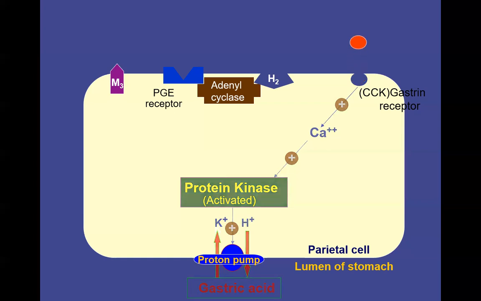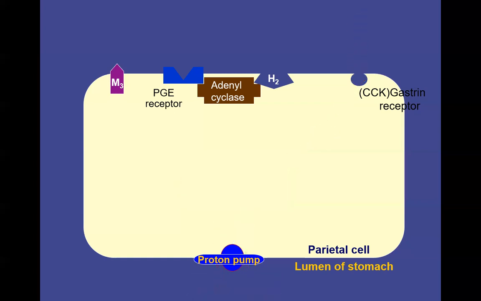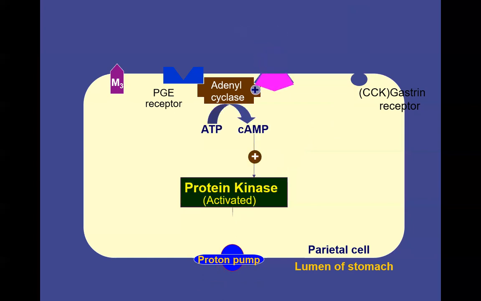And here we go. What happens? What's the signal? Activation of adenylyl cyclase, ATP to cyclic AMP, and activation of protein kinase, and we have activation of the pump again. So release of gastric acid.